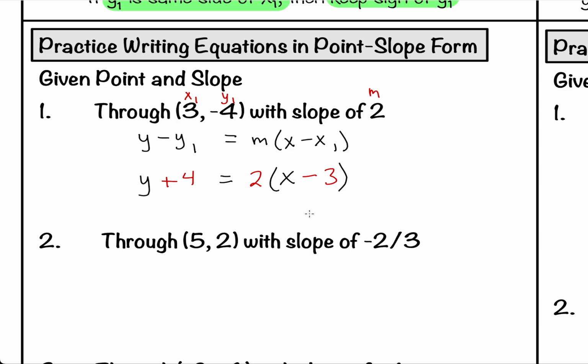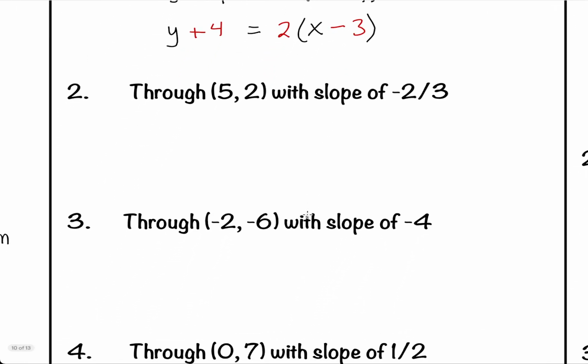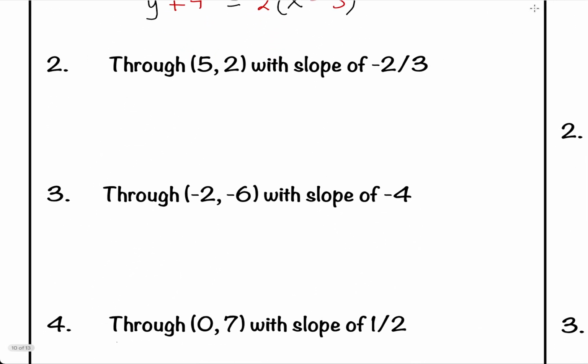Okay, let's do one more. First things first, we have x1, y1. We have slope of m. Next thing is to write down the formula. y minus y1 equals m times x minus x1.